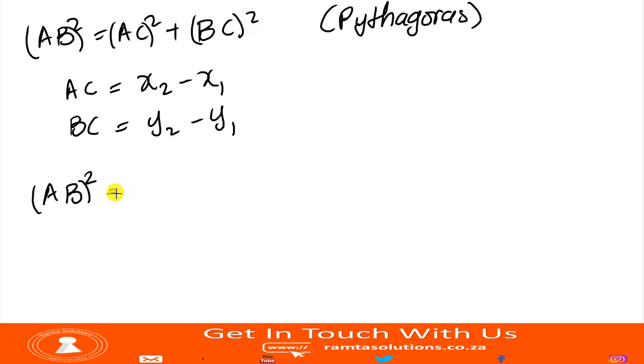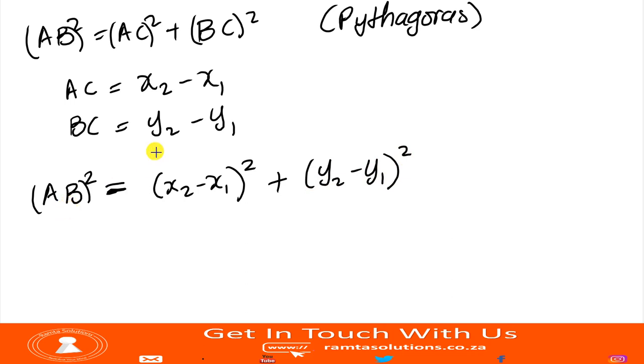Okay, AB squared equals AC squared plus BC squared. What is AC? AC is x sub 2 minus x sub 1 all squared. What is BC? BC is y sub 2 minus y sub 1 all squared. Oh, we are looking for the distance AB, not AB squared.